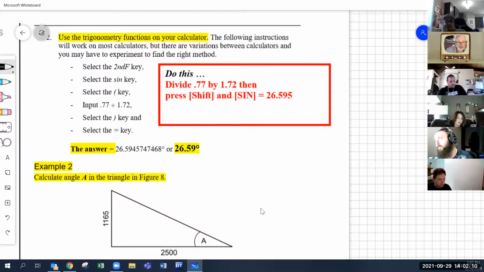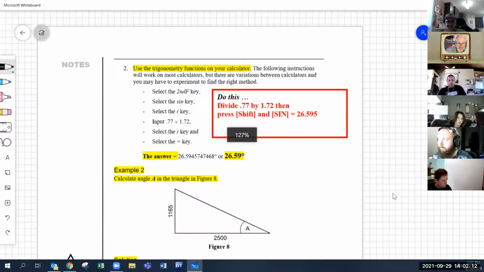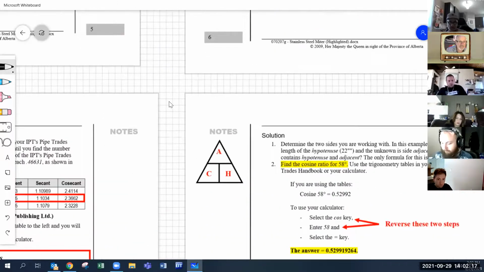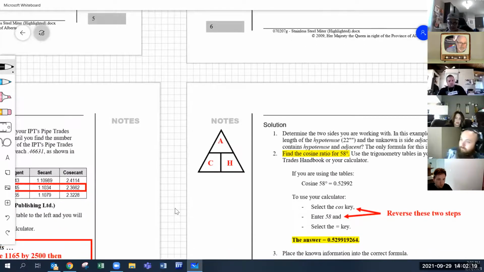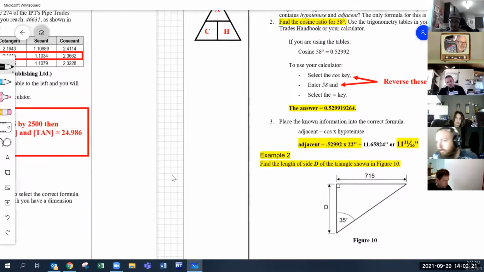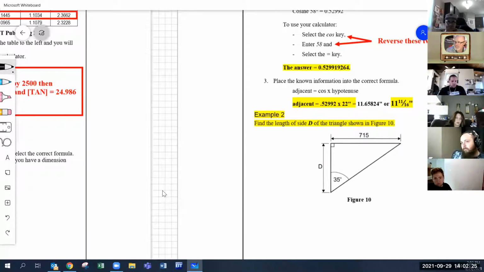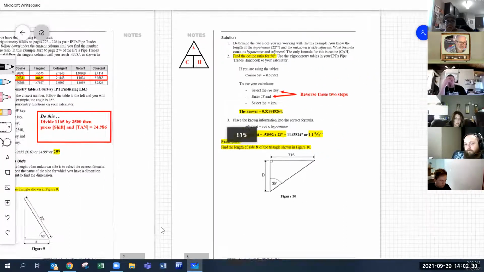And these are the functions on your calculator. I think we have those. And it shows more examples in here. So if you want more examples, you definitely go through this ILM. I don't think we need any more. I think you guys are pretty okay with doing these.